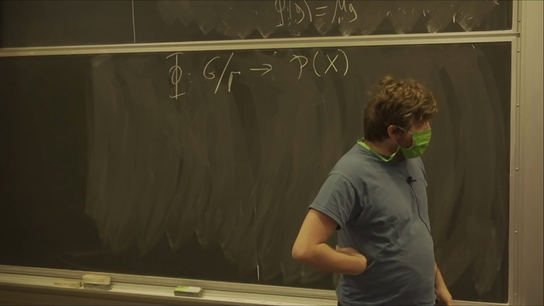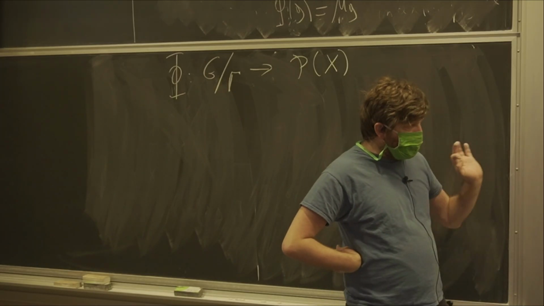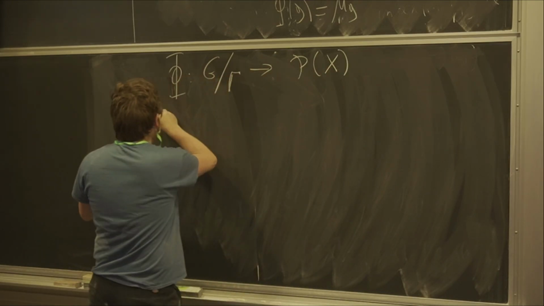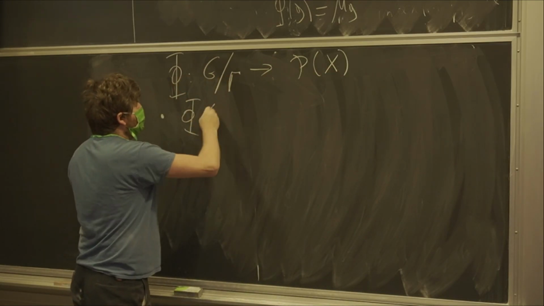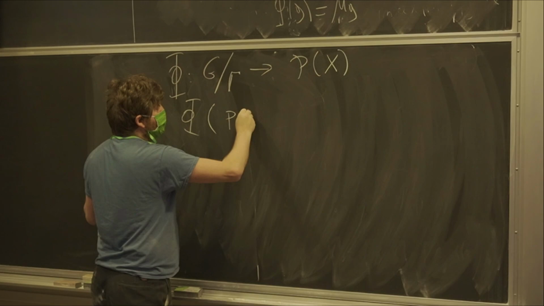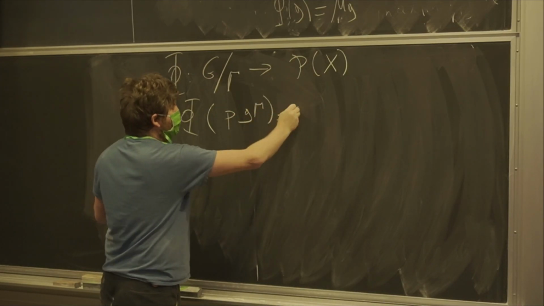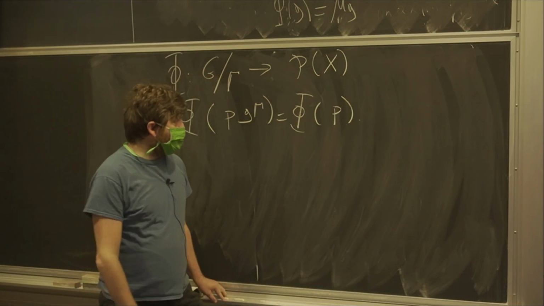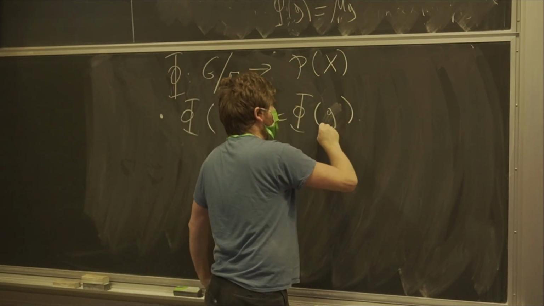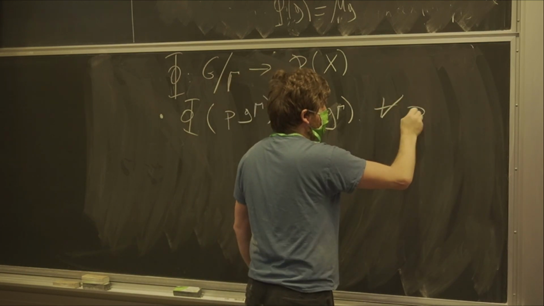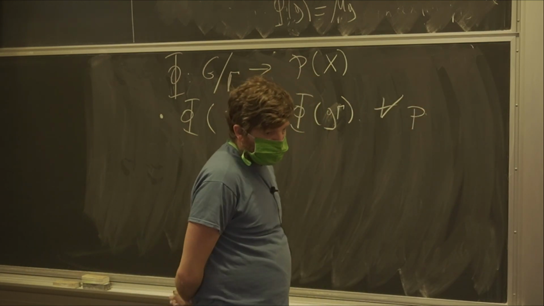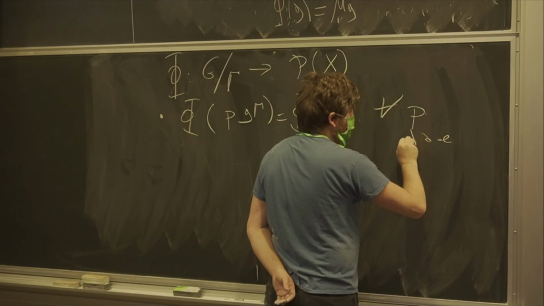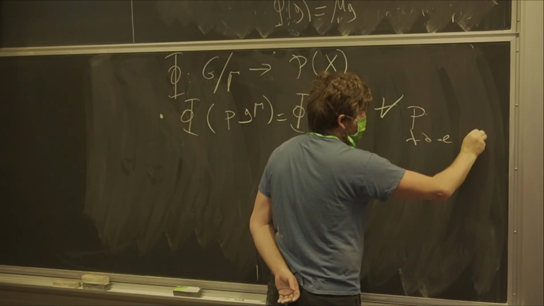Now I'm disintegrating not any measure, I'm disintegrating this measure which is P-invariant. So this implies that phi of P times G gamma is the same as phi, oops, not of G, but of G gamma, for every P. And I should add here, for almost every G gamma.